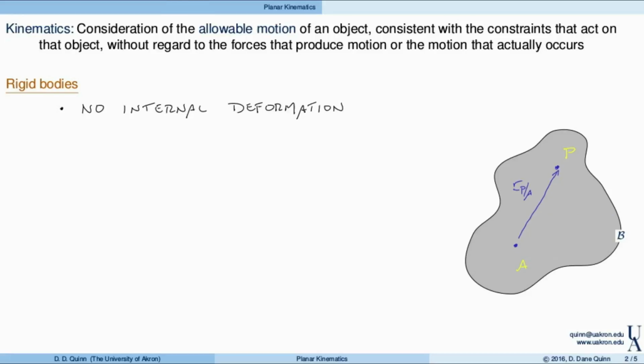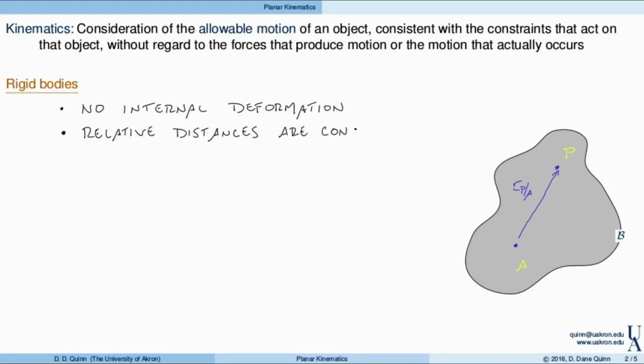So again, relative distances are constant. Again, this is all obviously in terms of the object itself.